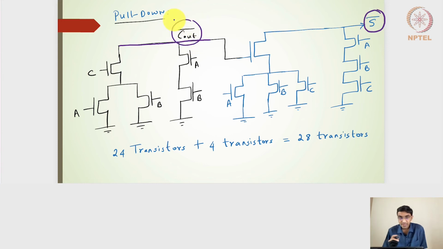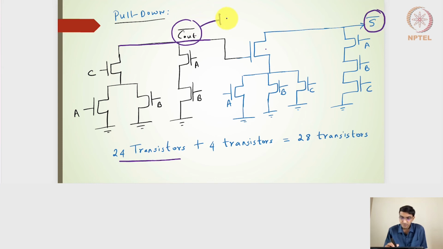If I now try to calculate the number of transistors, it will be 1 plus 2 plus 1, 2, 3, 4, 5, and then 6, 7, 8, 9, 10, 11, 12, so 12 transistors on the pull down side, and then 12 on the pull up side. We will get 24 transistors to get C out bar and sum bar.